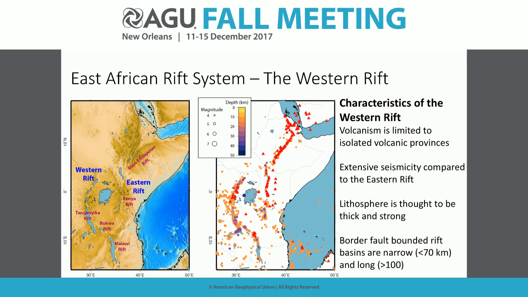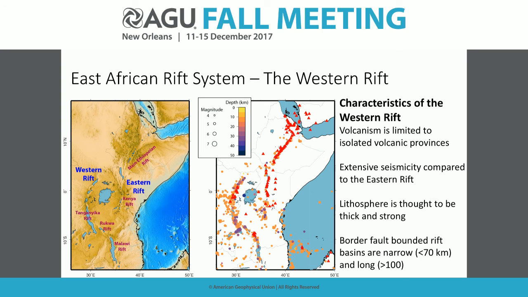You all probably know that the eastern branch has much more abundant volcanism, while the western branch has isolated locations of volcanism and abundant seismicity as well as deep seismicity. This abundant and deep seismicity is one indicator of very strong lithosphere, as well as high values of effective elastic thickness.